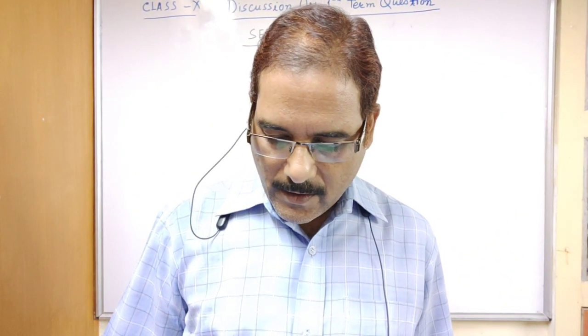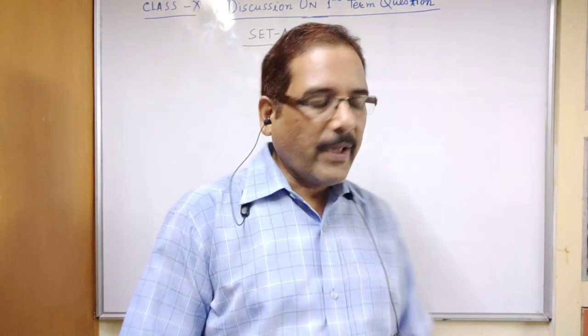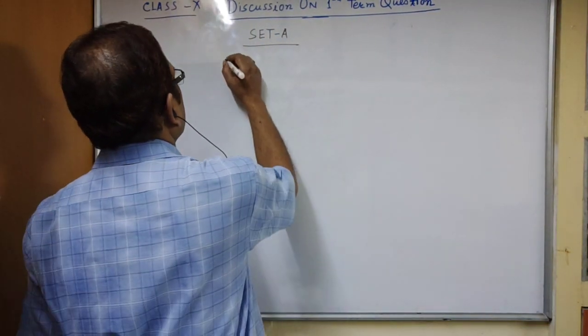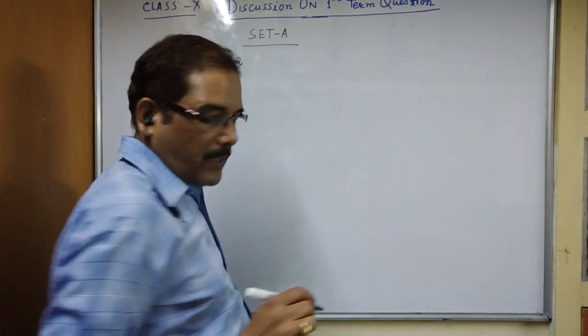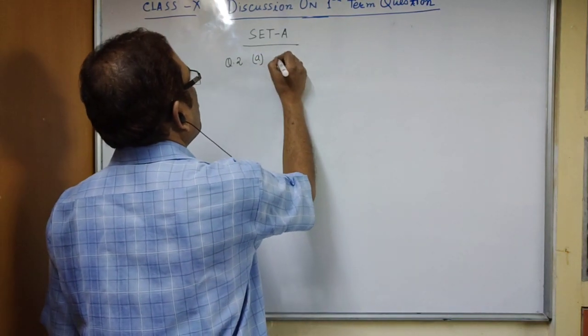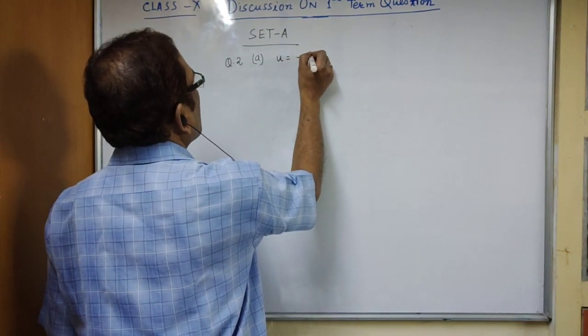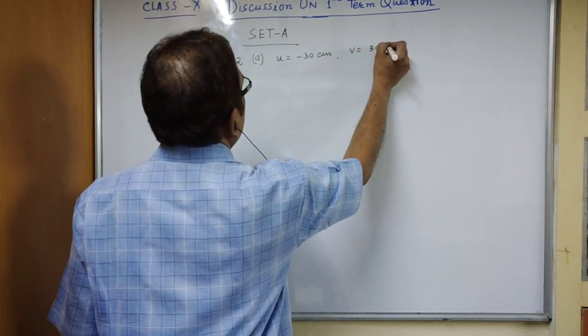Then the second question was based on a table. So if you go through the table carefully, you will find that in question number 2, when U is minus 30 centimeter, V is plus 30 centimeter.